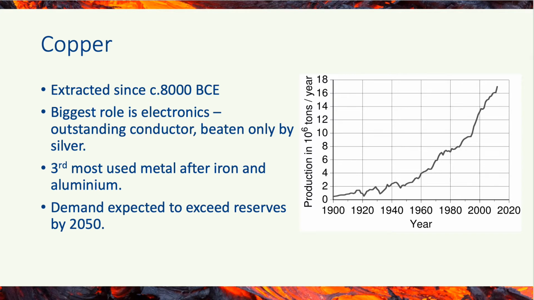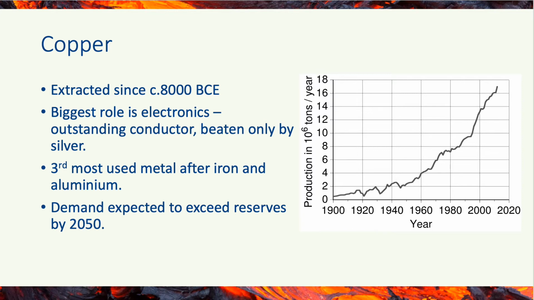The biggest role by far in modern use is for electronics, because copper is the second best electrical conductor we know at room temperature. The only thing that's better is silver, and silver is much harder to find, therefore much more valuable. Due to this application in electronics, it's also the third most used metal on the planet, after iron and aluminium.